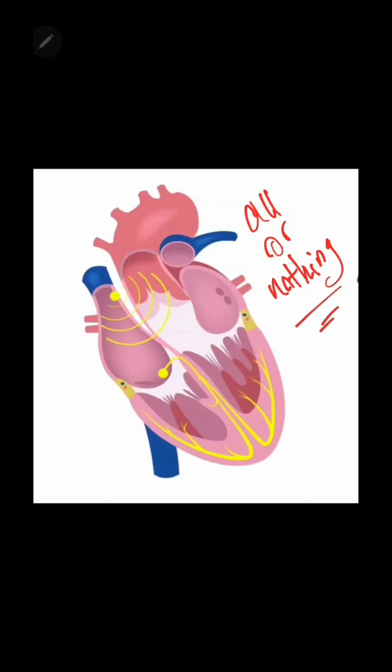And there is absolutely nothing in between. So, if a cardiac myocyte is in a resting state or in a relative refractory period, it can and will respond to a second stimulus. However, if the cardiac myocytes are in an absolute refractory period, they will not respond to a second stimulus.